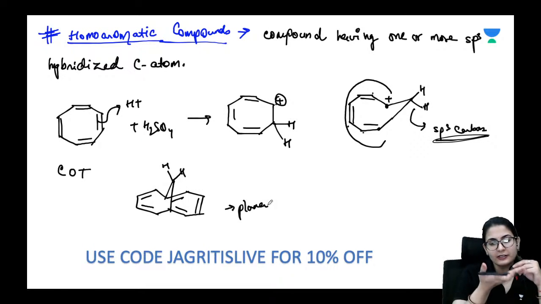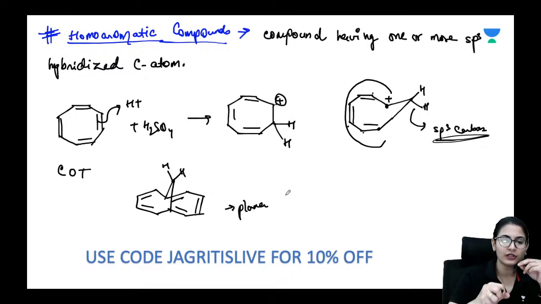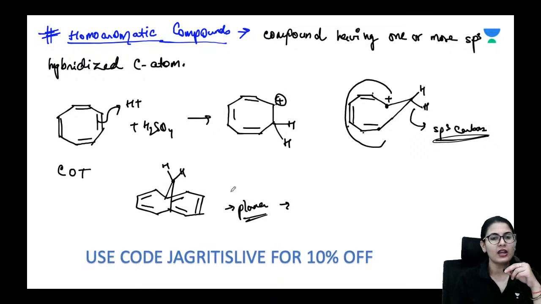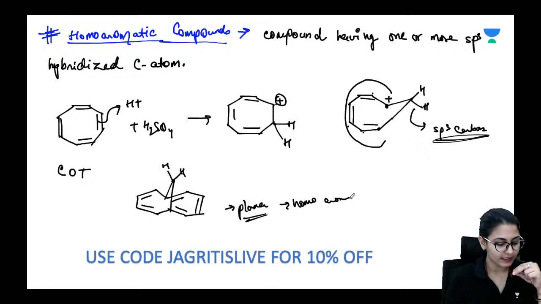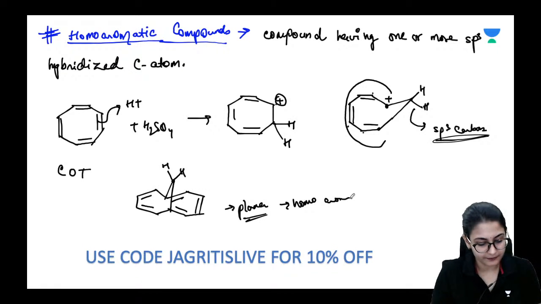The system is planar now. And the carbon on top is not going to take part in resonance, but it is holding the molecule together, making it planar. So the system is ultimately going to be homoaromatic. Okay? Yes. This is your very simple example.